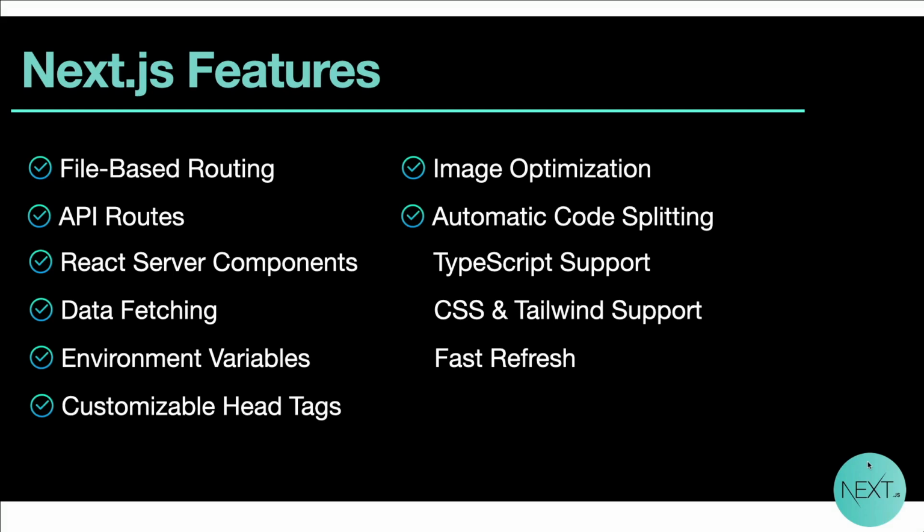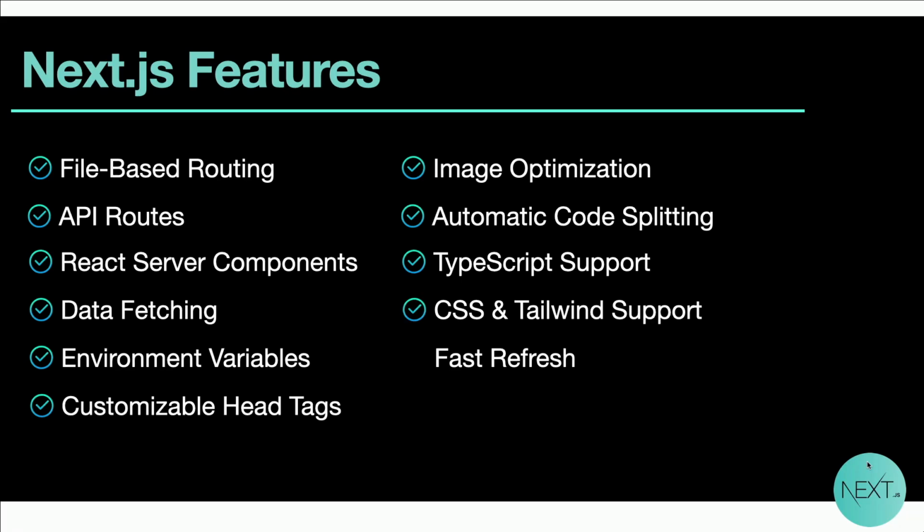So Next.js also will give you automatic code splitting. It splits JavaScript bundles based on the page boundaries, resulting in smaller initial bundle sizes and faster page loads. Next.js also has built-in TypeScript support, providing static typing and improving tooling for type safety.